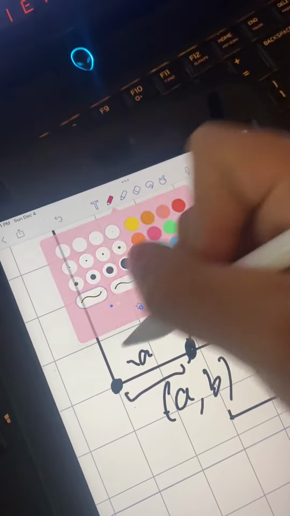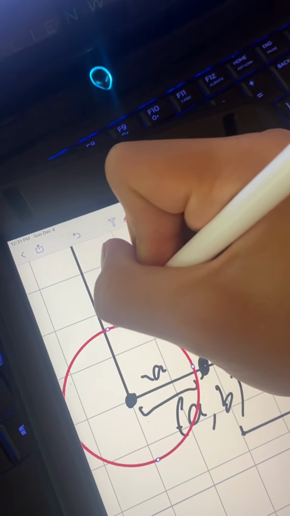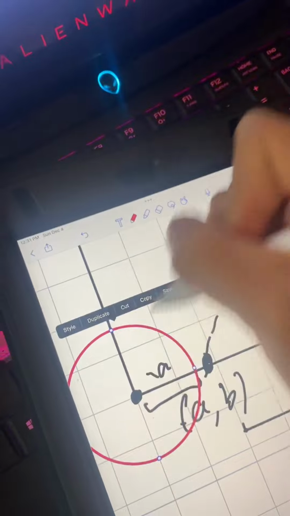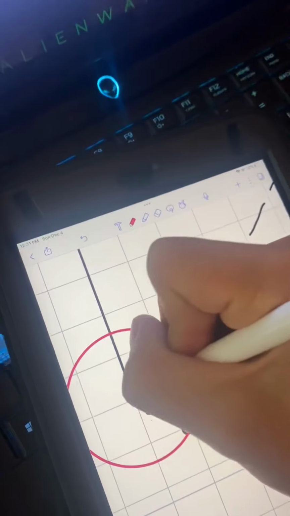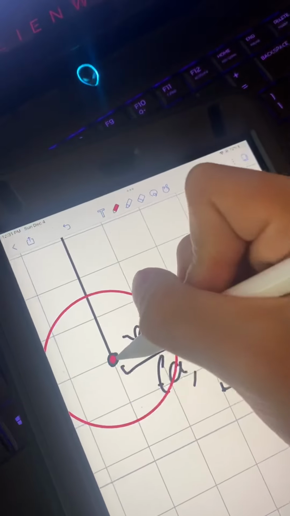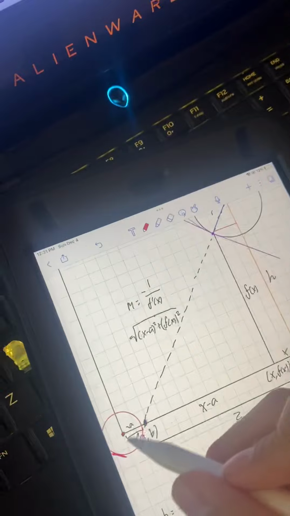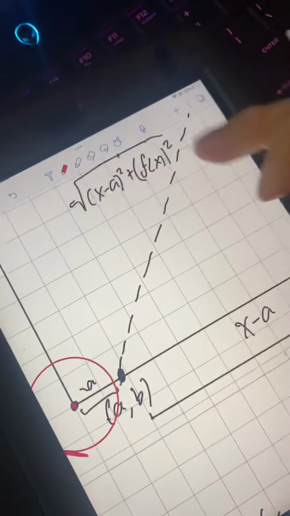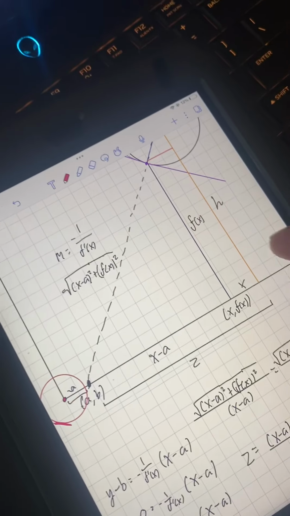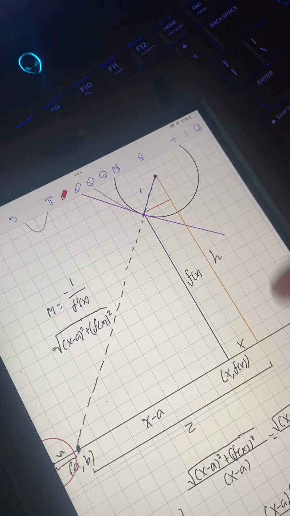If I have my circle here with my thingy here, I know that this point, if I know this and I know my radius, whatever this is here, I just need to move it over a, like this starting length a, plus z, and then I need to move it up h, right?